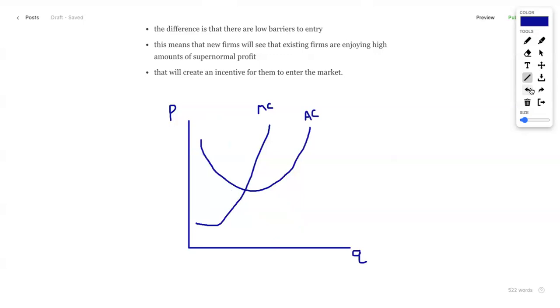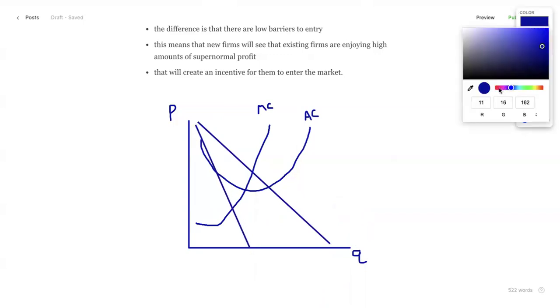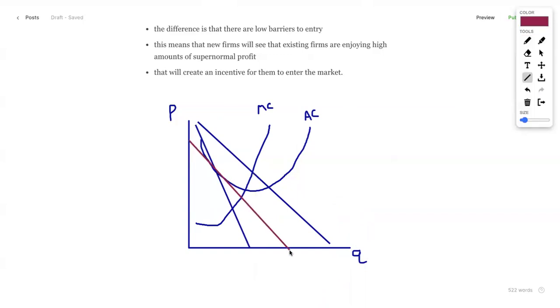Sometimes you might get taught it in a way where you do both of the diagrams in one. You might on the same diagram want to show that it's now moved over here. But that's just wrong. You never have to do that. It's just messy.